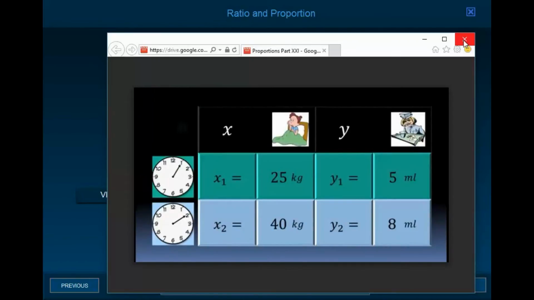Again, this is all based on the assumption that the amount of medicine varies directly with the weight of the patient. If that isn't true, you need to be careful. You can make the patient worse rather than better.